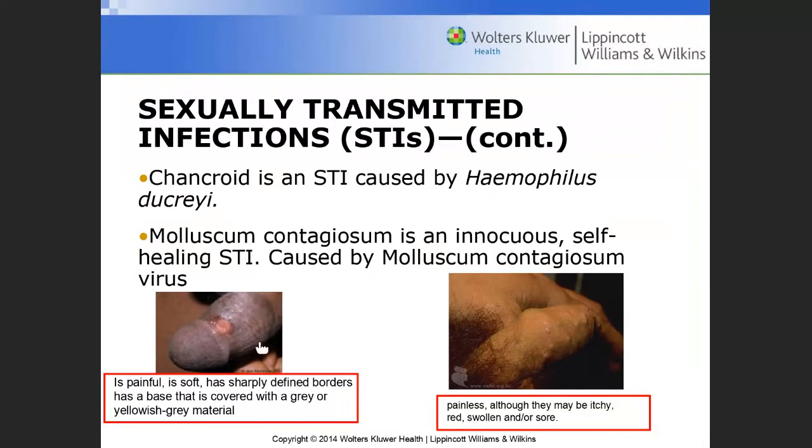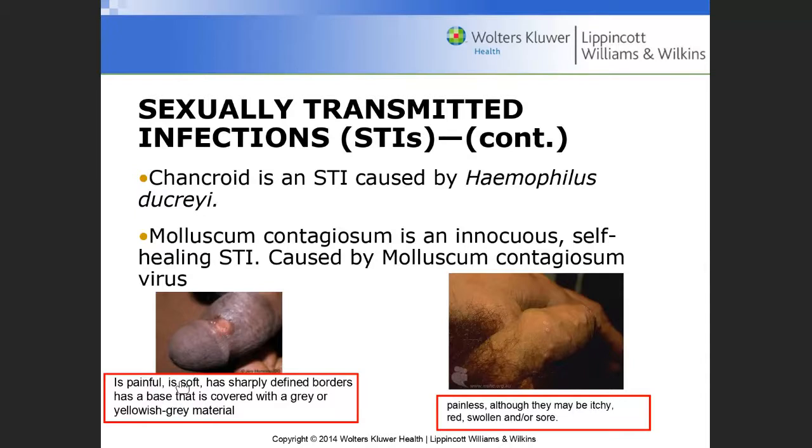this right here, okay, and what the chancroid is described here as usually is a lesion, but there is usually a depression within that lesion, if you will.